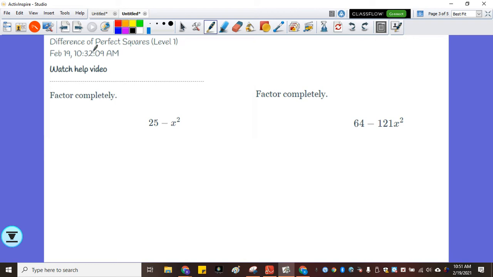All right, perfect square trinomials. I know it's 2 terms, but you're putting it into a 4 box, like we were doing yesterday.